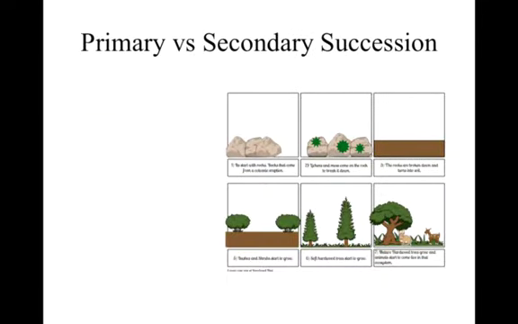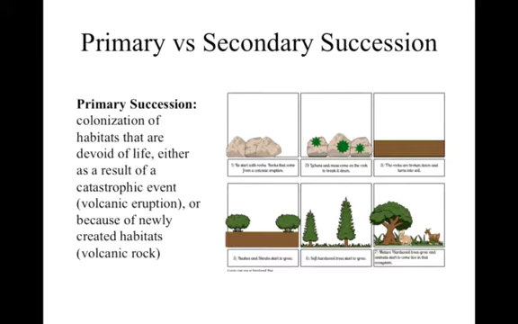So in succession, we can distinguish two types depending on where you get kicked back to, where you start in that trajectory. If you start all the way back at bare rock, and then you move forward from there, we call that primary succession. That's the colonization of habitats that are completely devoid of life, either because of a catastrophic event, maybe the forest fire was so intense that absolutely nothing survived, only the rock survived.